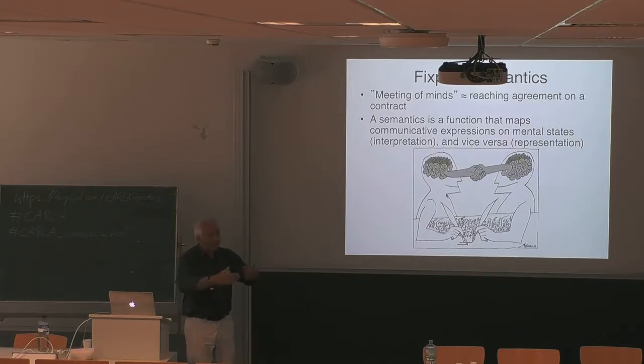So the semantics is this two-way mapping between expressions and mental states. But in terms of a dialogue, it works like this: I have a mental representation of the color green. And then I say the word green, and you listen, and you form a mental representation of what I'm saying, and then you say, okay, green. And then I understand that this gets back and forms a mental representation in my mind.